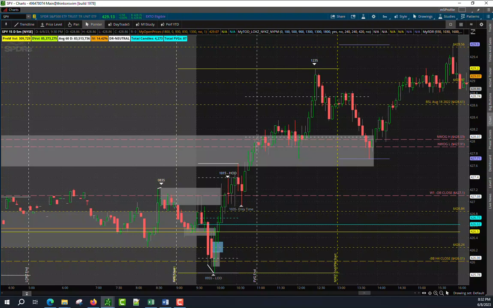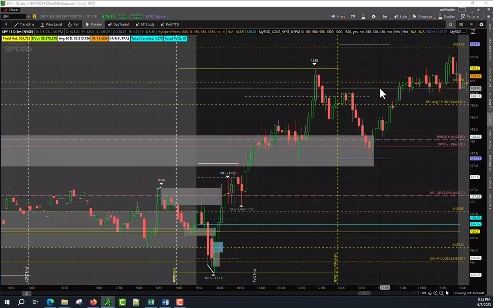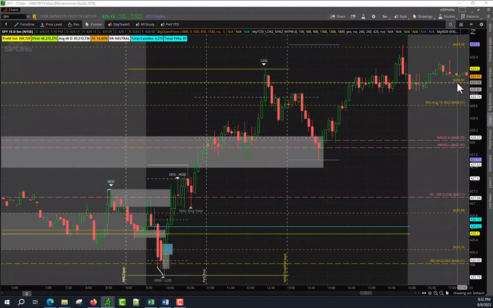Okay, so the high time frame gives us some idea, right? So the high time frame gives us the target right here at 428.97, but we have to track down where that comes from, where the 428.27 comes from.